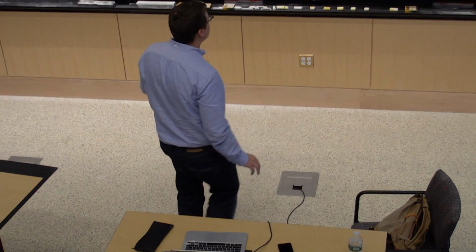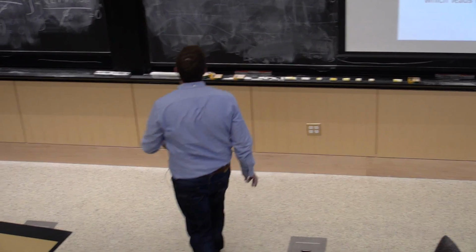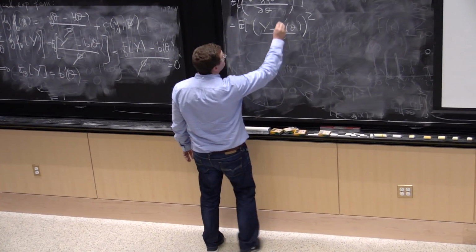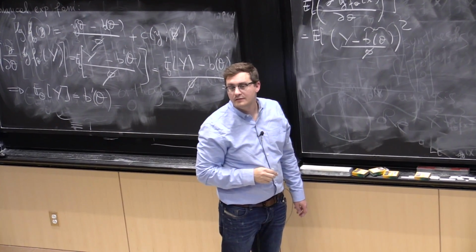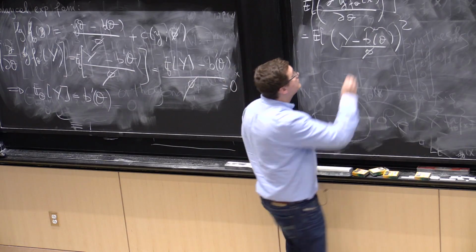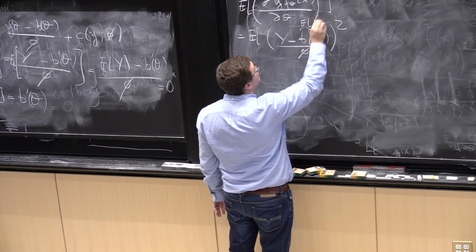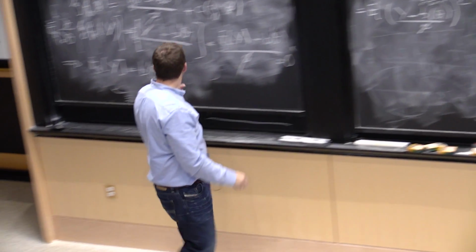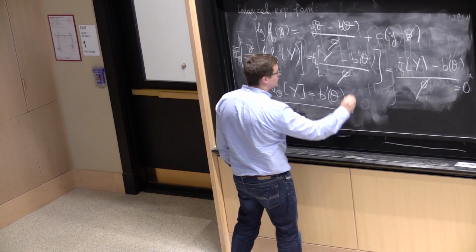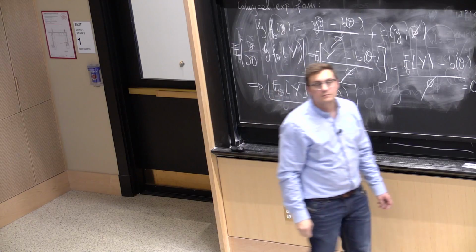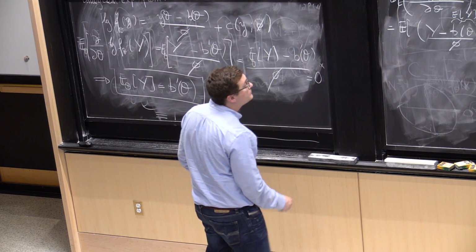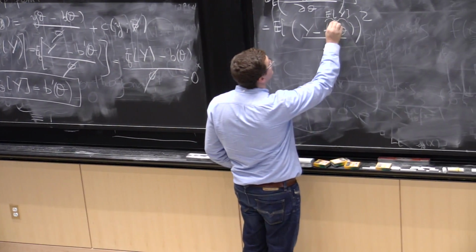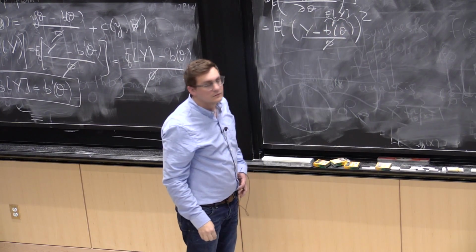And so if I start computing, what is this thing? Well, we just agreed that this was the expectation of y. We just computed it here. Yeah, that's b prime, there's a derivative here. Okay?